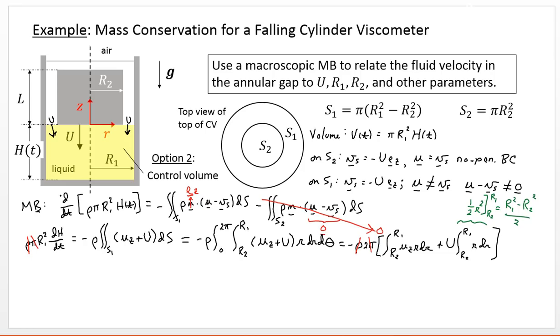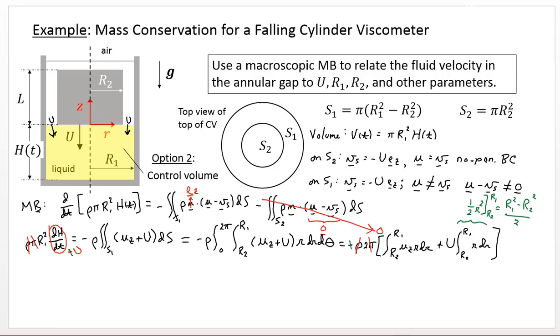And so from the left-hand side, the final thing we can note is that, just like before, dh/dt is equal to minus U. And it's minus because h is decreasing in time as the cylinder falls down, the height gets smaller, and U is in the downward direction, the minus z direction, so it's minus U. And so we can also cancel the minus signs if we like. We can make this a plus and make this a plus as well.